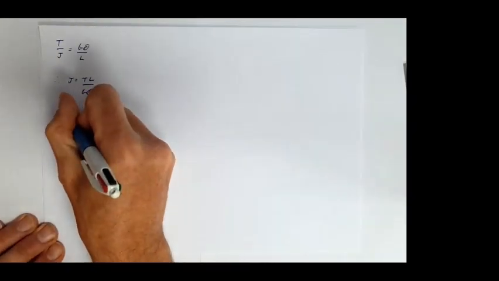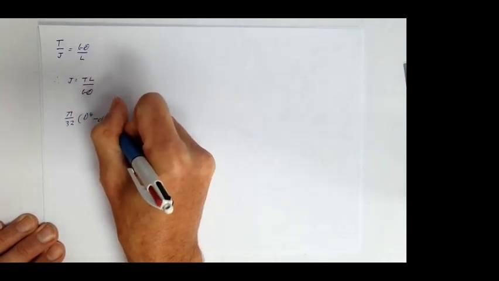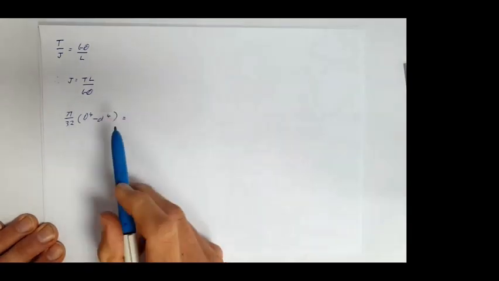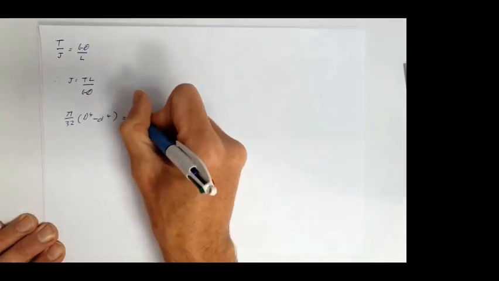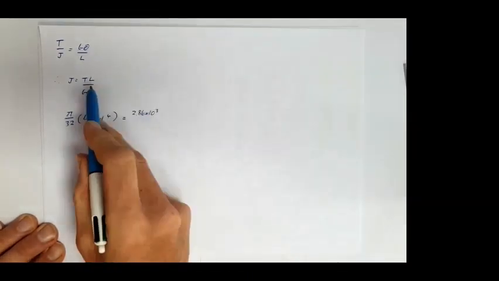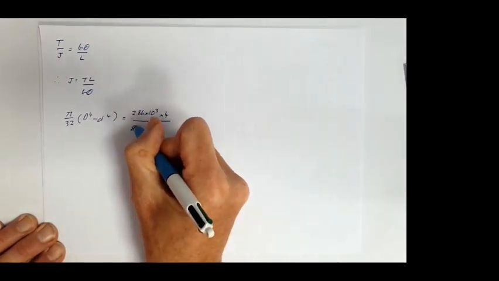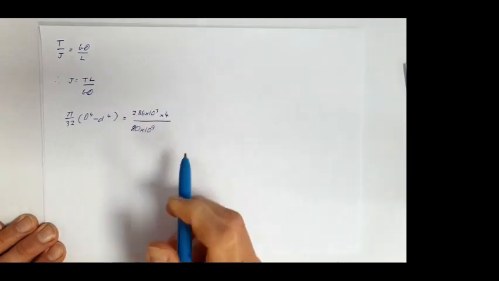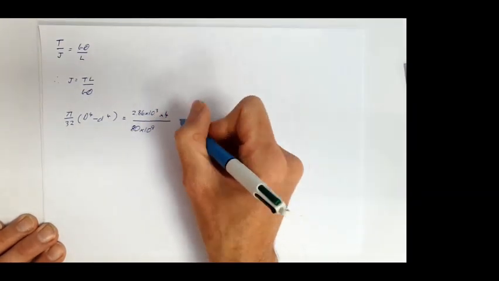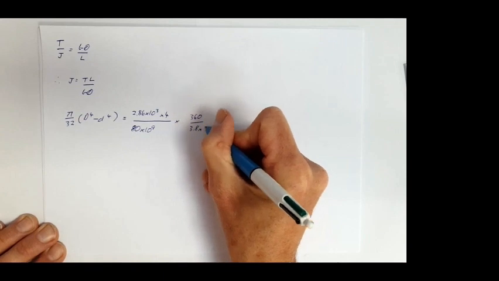Okay, so J is pi over 32, outside diameter to the 4 minus inside diameter to the 4, is equal to my torque, which we calculated in the first part of the question, which was 2.86 times 10 to the 3, times by the length of this shaft, 4 meters, divided by G, which we've got as 80 gigapascals, 80 times 10 to the 9, times by my angle, which is 3.8 times 2 pi over 360.